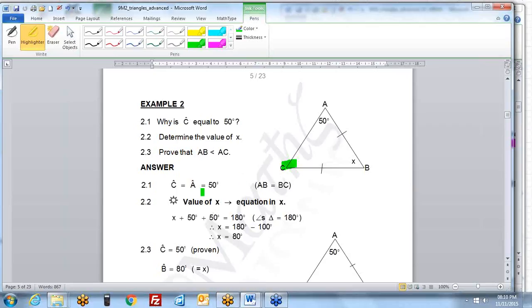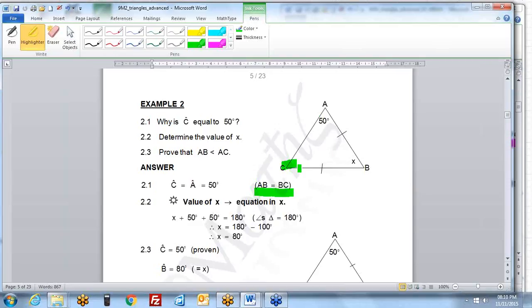Angle C equals angle A equals 50 degrees. So in other words, angle A and angle C are both the same in size, and the size is 50 degrees. Therefore, this is your very important reason: AB equals BC.